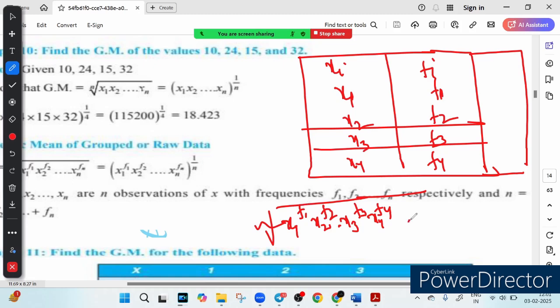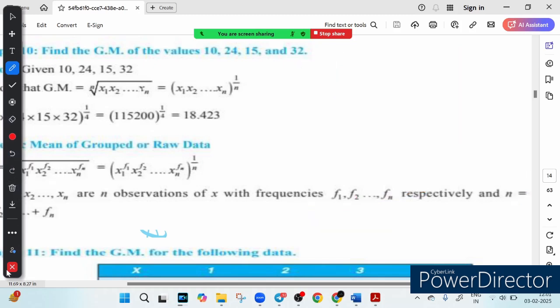Or we can also write it as x1 to the power f1, x2 to the power f2, x3 to the power f3, x4 to the power f4, the whole to the power 1 by n. Either you write power 1 by n or you write the root, both mean the same. What is n here? n is the number of observations. What are x1, x2, x3? They are the observations. And f1, f2, f3, f4 are the frequencies. Let me give you an example to make this concept more clear. Let us take an example here.